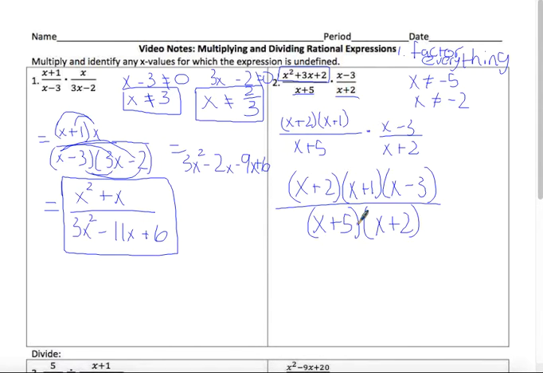One way to help visualize this is we can separate this. So this is x plus 2 over x plus 2, and then multiplied by the rest of it: x plus 1 and x minus 3, over x plus 5.